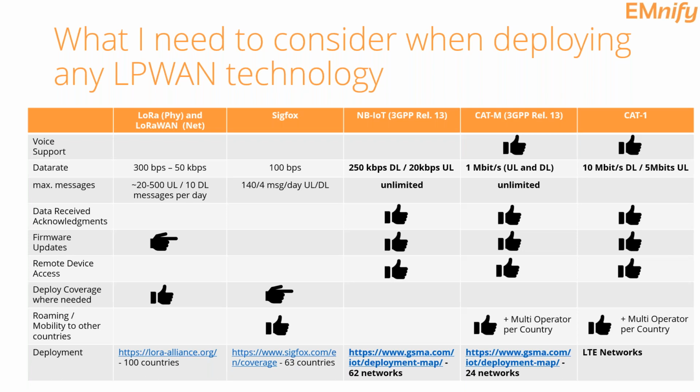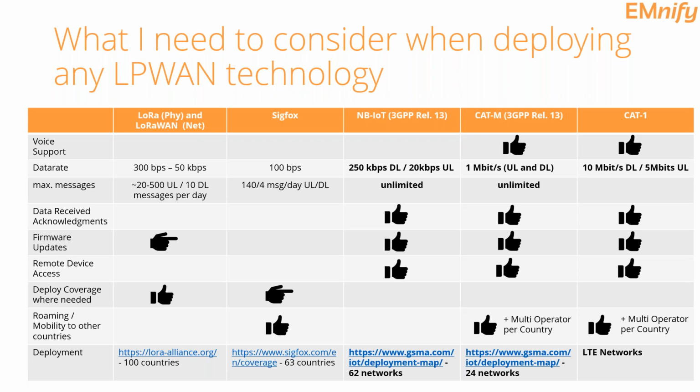So overall, I was trying to do a comparison of the different technologies. And here you can see a summary, with thumbs up, without boring you with very specific radio stuff, but really from a deployment perspective. What do you need to consider if you want to deploy a low power WAN technology, for example, to replace 2G?